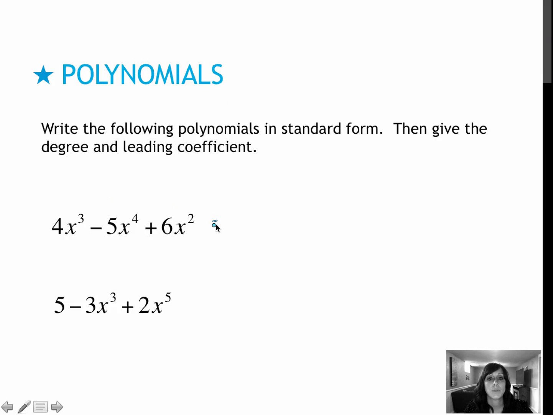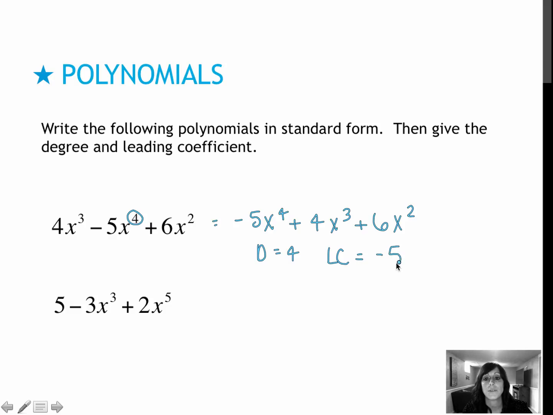My first example, I would put my degree of 4 first, so negative 5x to the 4th. Then my degree of 3, so positive 4x to the 3rd. And my degree of 2, so plus 6x squared. The degree would be 4 from my highest degree. The leading coefficient would be negative 5.